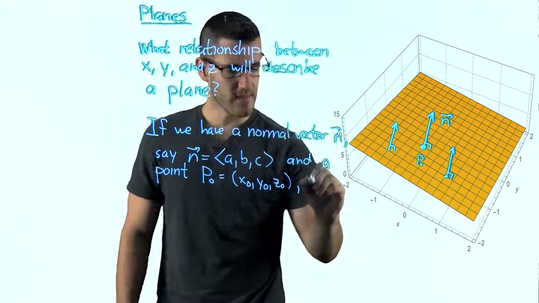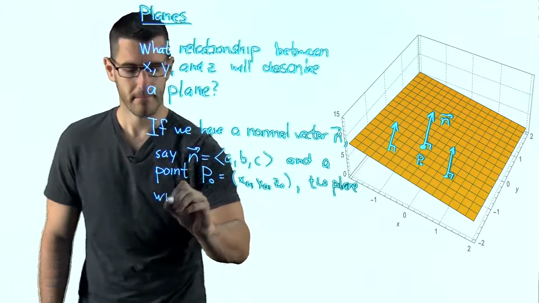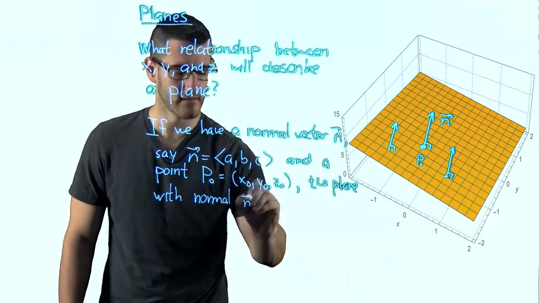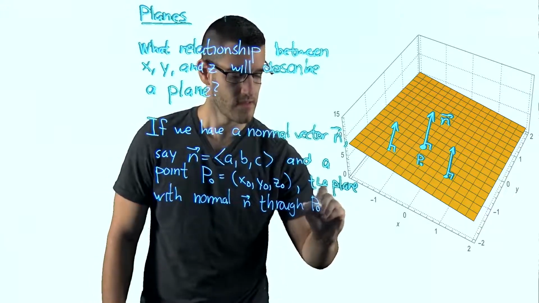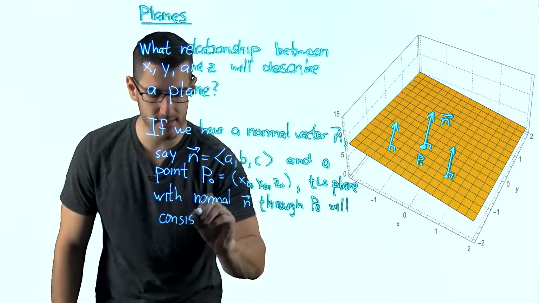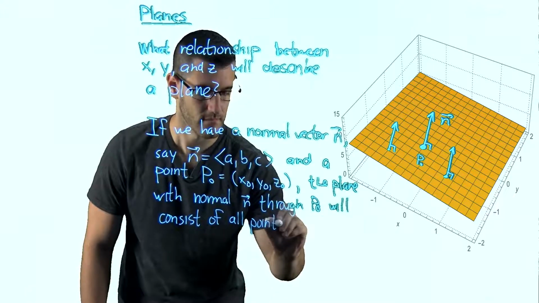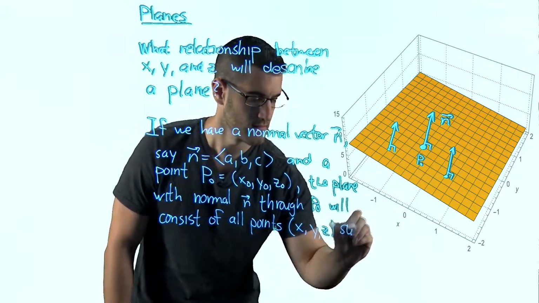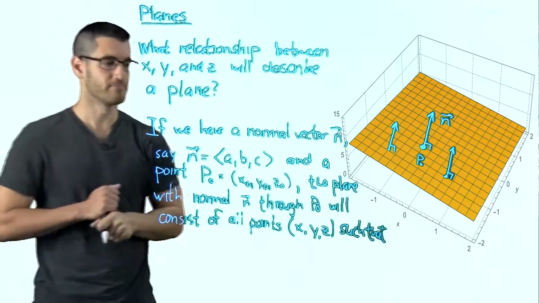Then we can say the plane with normal vector n through p0 will consist of all points x, y, and z such that, well, such that what?